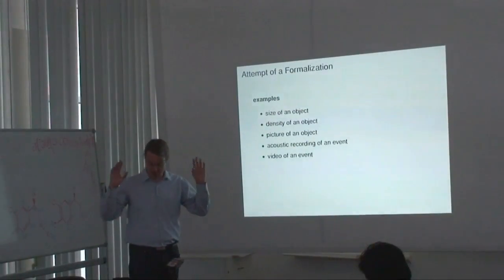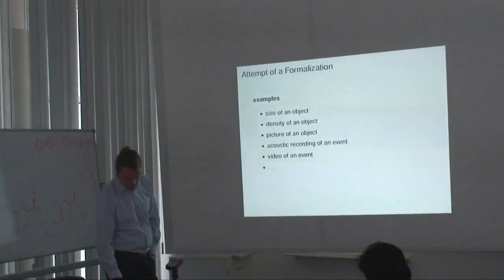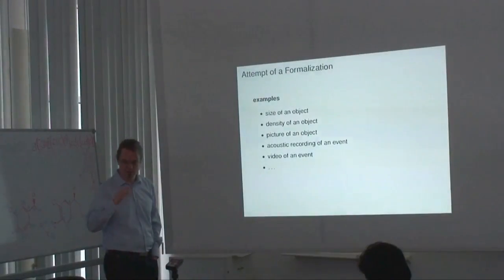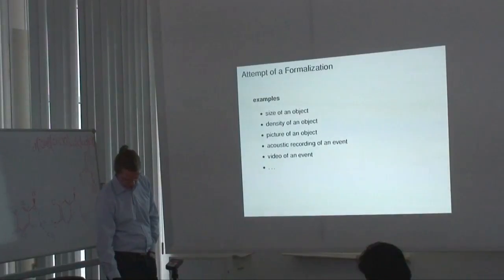And again, what is an event? Very difficult to define. And this list continues until all eternity. But this is just to exemplify what kind of things we might subsume under this notion of the perceivable universe.